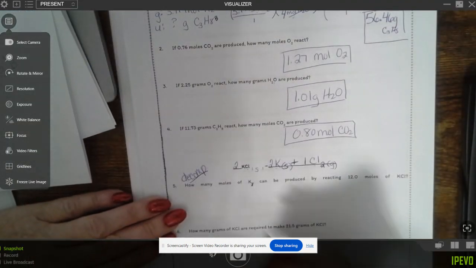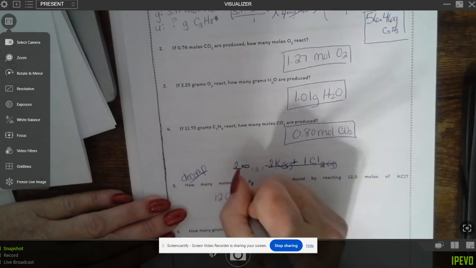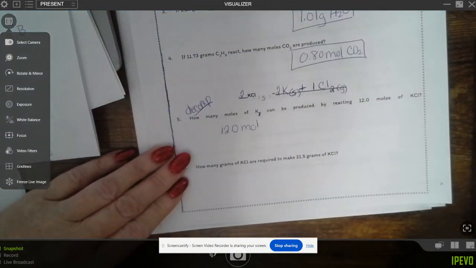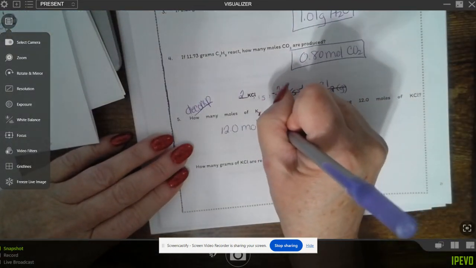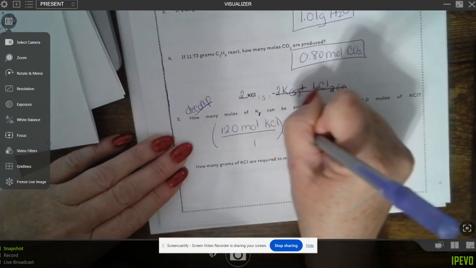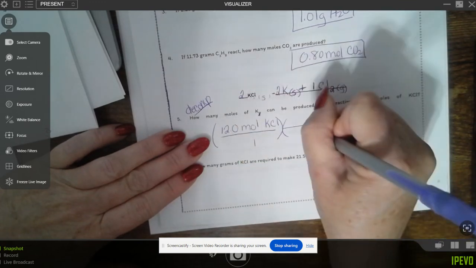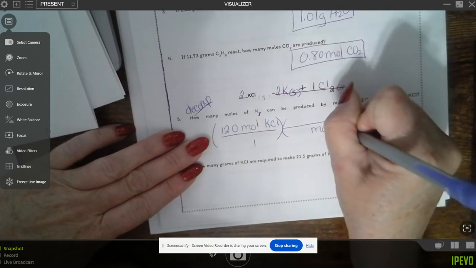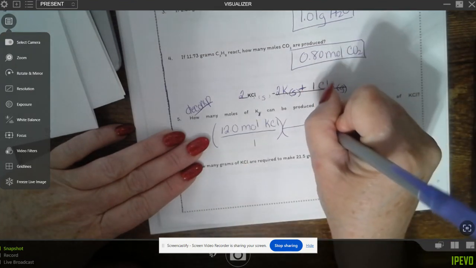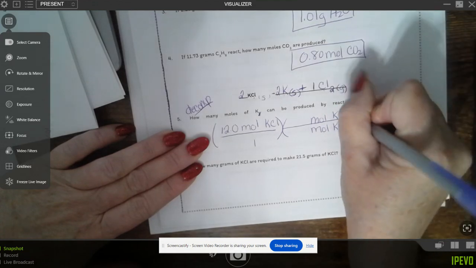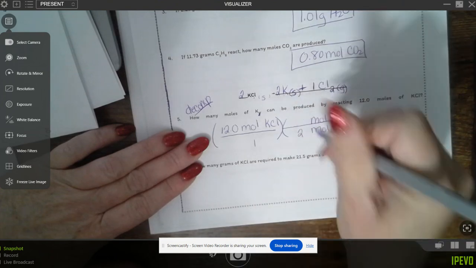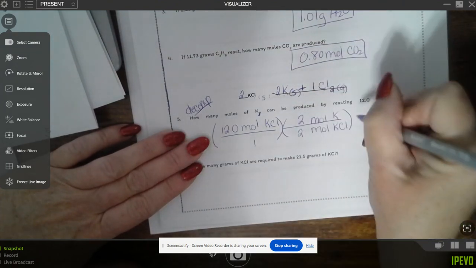Okay, so we start with 12 moles. Slide that up a little bit. 12 moles of KCl over 1 gives me, so I need moles of KCl on the bottom so that it cancels, and I'm looking for moles of K. Okay, so 2 moles of KCl produces 2 moles of potassium.